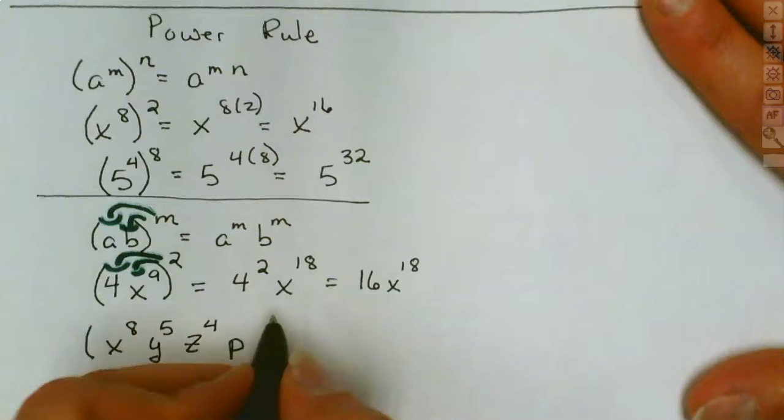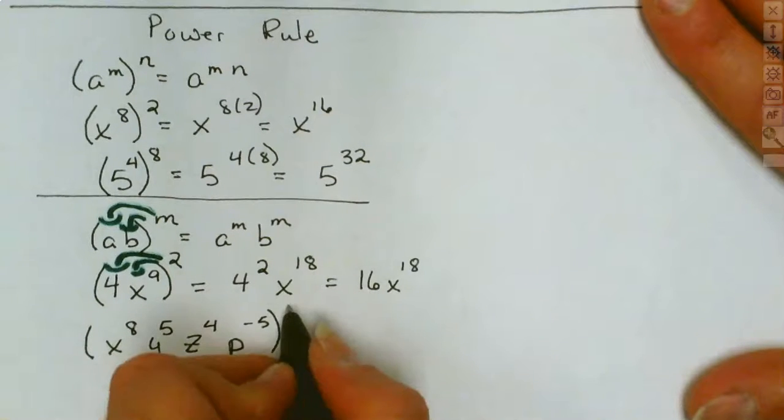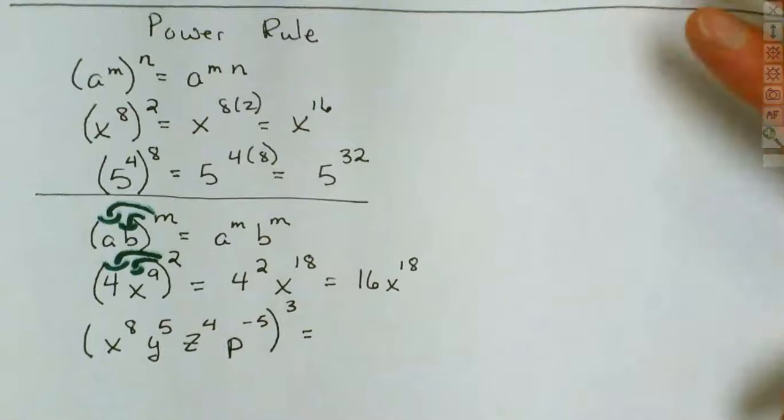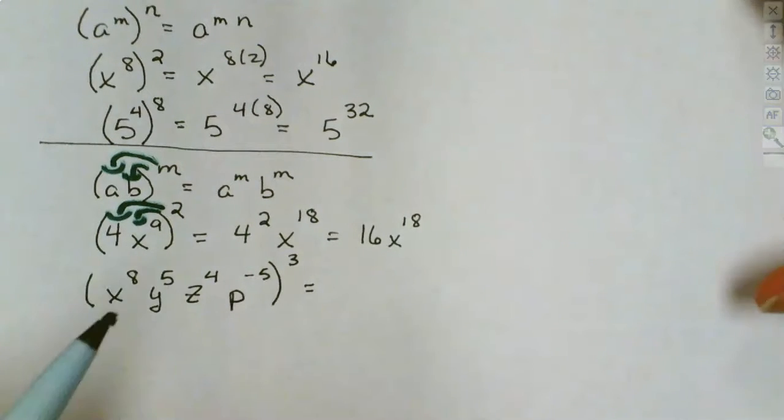How about p to the negative 5th power, all cubed? This one looks complicated, but it is really not. I did put in a negative exponent to kind of bring back that negative exponent rule.